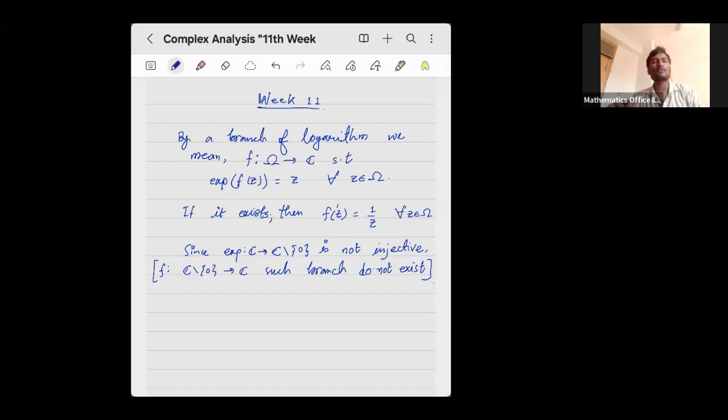Either it is plus the square root of that given number or minus the square root of that. So we can define it in this way in the domain. Let's say 0 to infinity is our domain for defining the branch. We fix a subpart of the domain where we define plus the square root of the given number or minus the square root of that number.